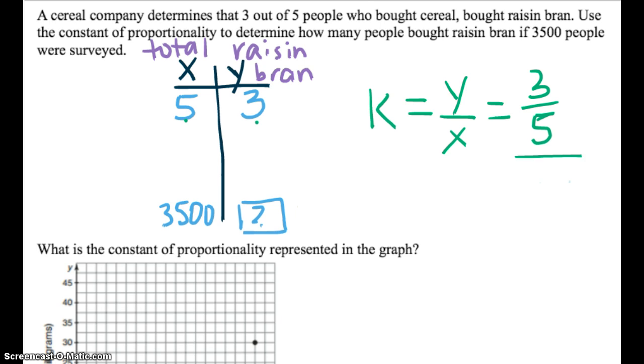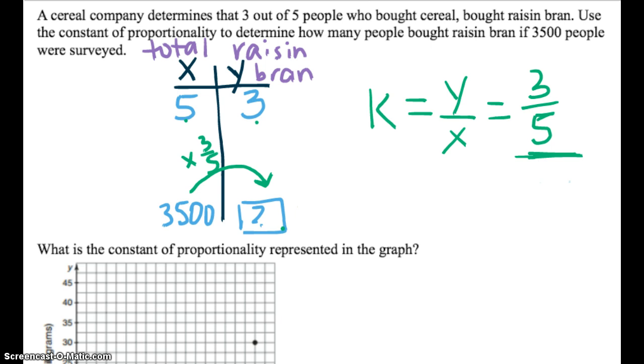So I know that my constant is 3/5. So what does the constant mean? The constant is what you multiply to your X's to get your Y's. So 3,500 times 3/5 should give us Y number of people.